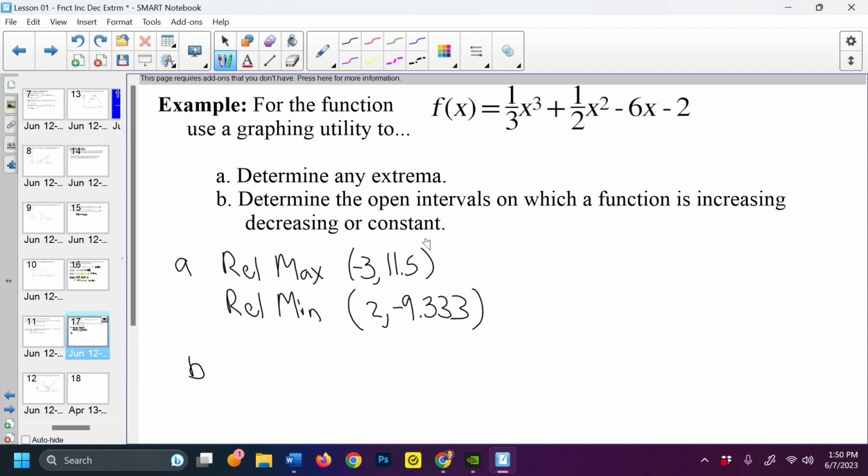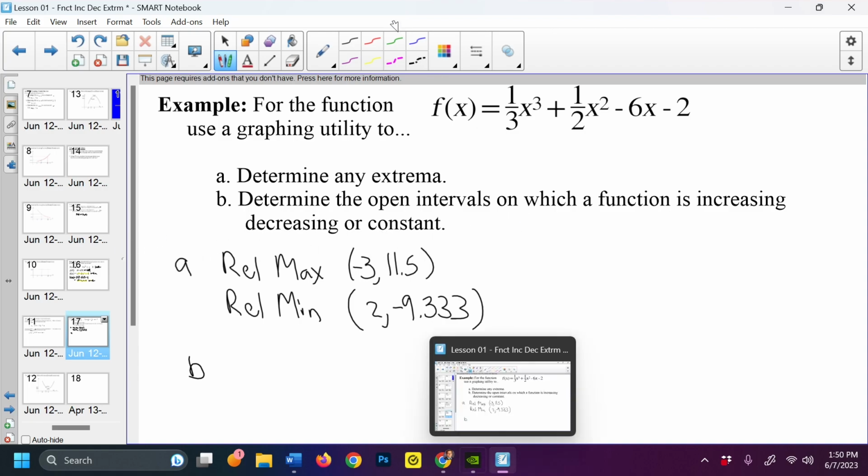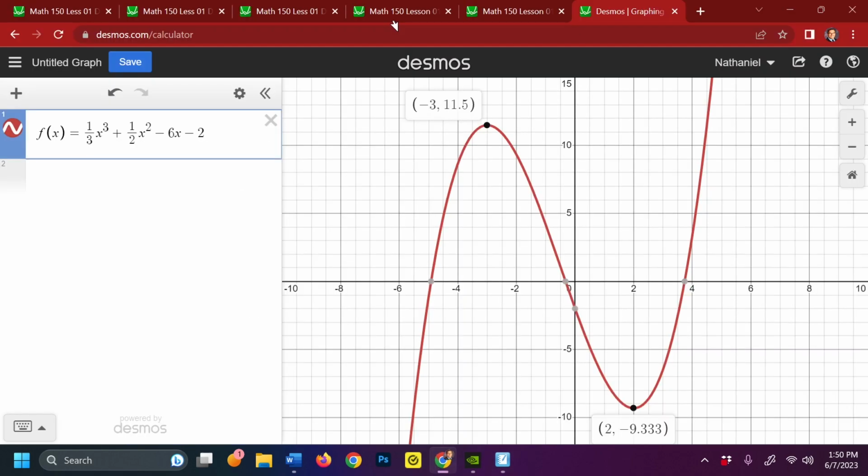All right. Now, part B. Determine the intervals on which the function is increasing, decreasing, or constant. And so when I look back at this diagram here, it is increasing from negative infinity up all the way until I get to negative 3. And then from negative 3 until I get to 2, it's decreasing. And then from 2 up to positive infinity, it's increasing.